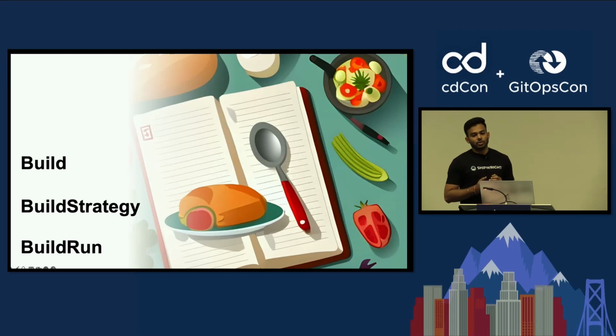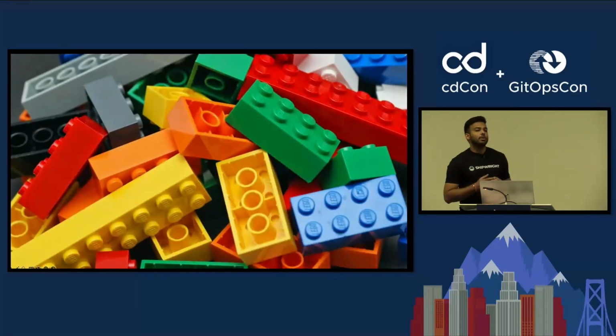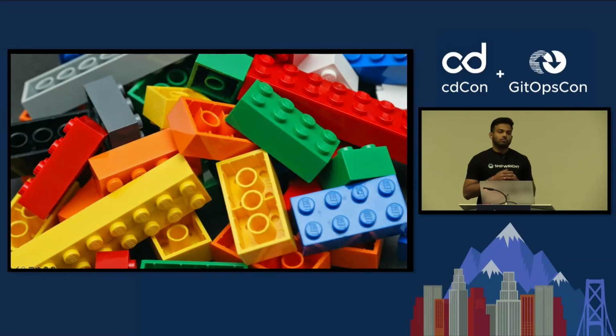With regards to the build strategy, these are usually maintained and rolled out in the cluster by the strategy creators. We do provide some sample build strategies in the samples section of our Shipwright build repo.